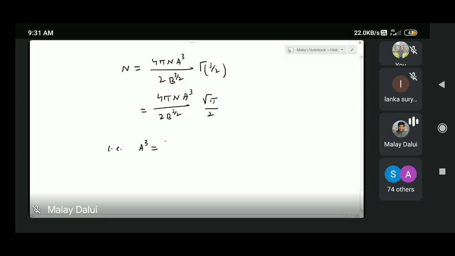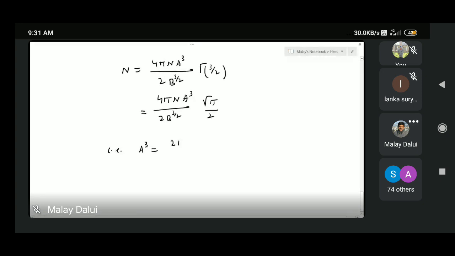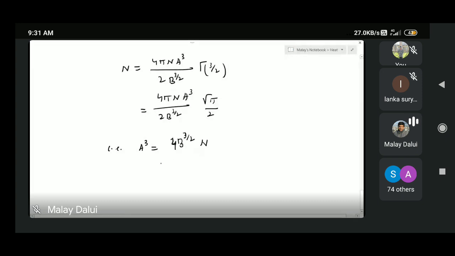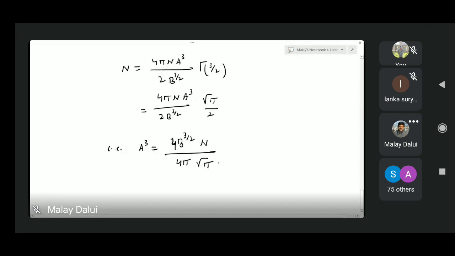Just rearranging in left and right side, if I take it on this side, n goes out. So 2 times 2, 4, b to the power 3 halves. We have n on this side, then we have 4 pi, then again root pi, and also n.